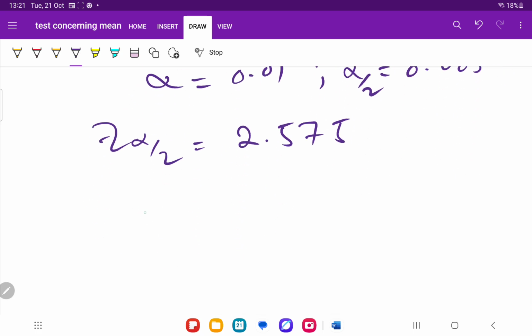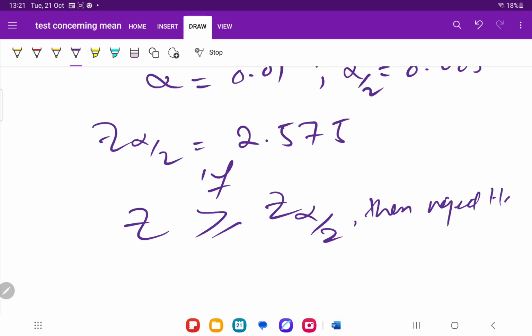Because the Z value is positive, the test says it must be Z greater than Z alpha by 2 to reject H0.